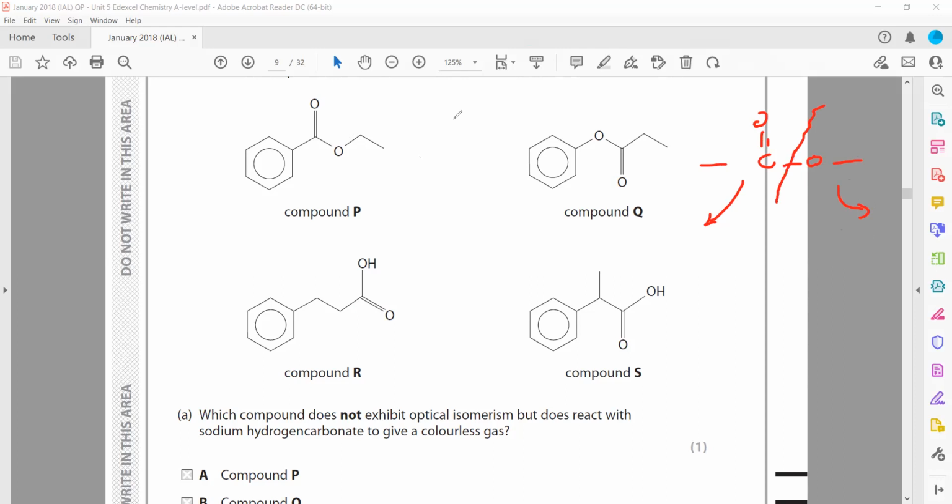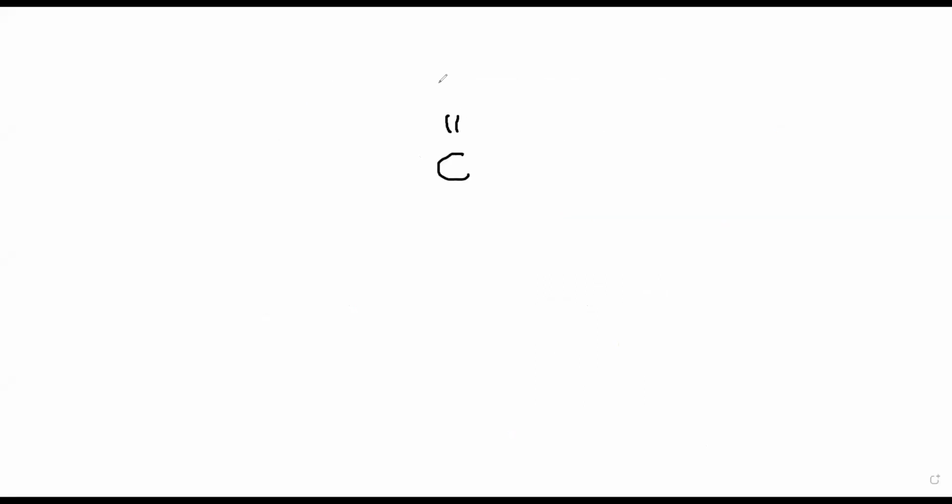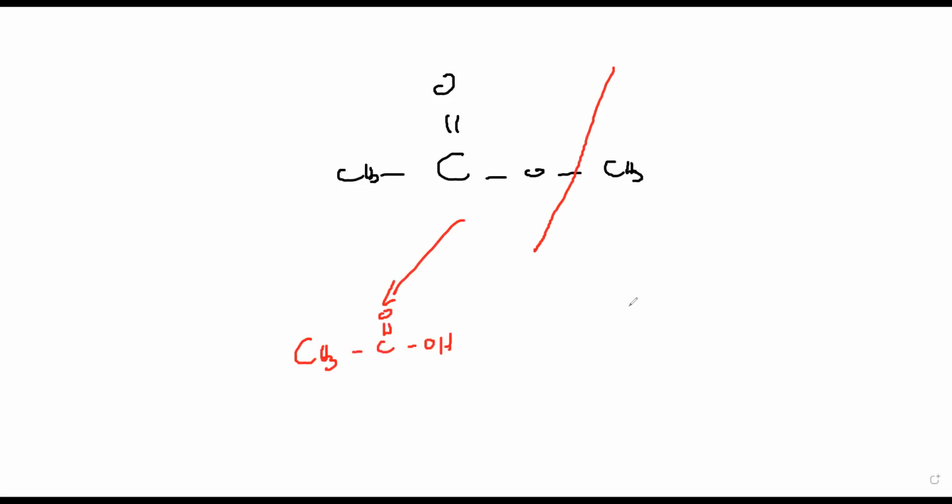Whenever any ester breaks down, if I break from the oxygen side, hydrogen will be attached to the acyl side, so that becomes the acid, CH3, C double bonded with O and OH. The other side becomes alcohol, CH3OH. This is how an ester breaks down into acid and alcohol.